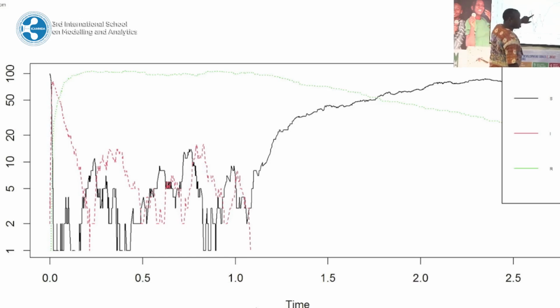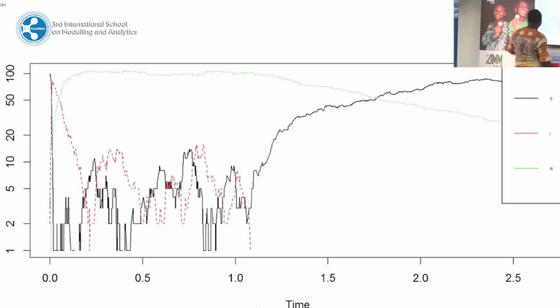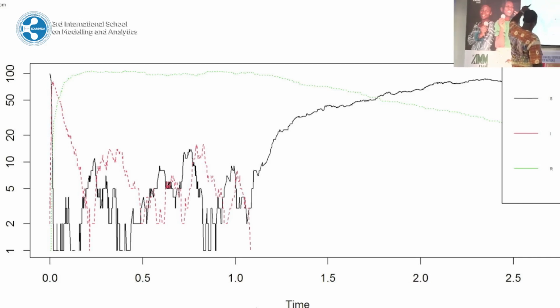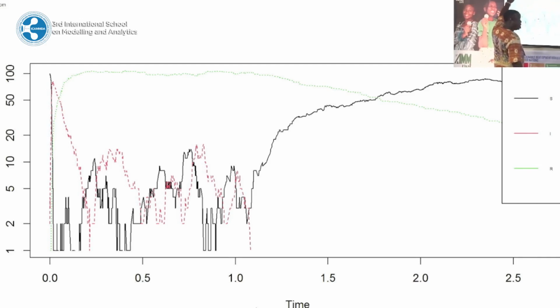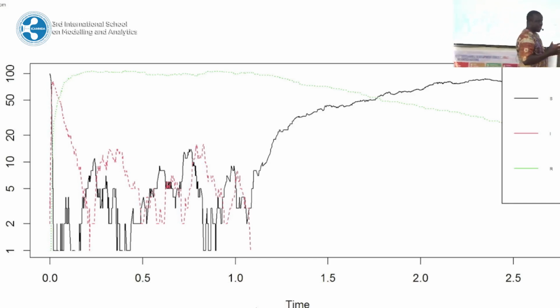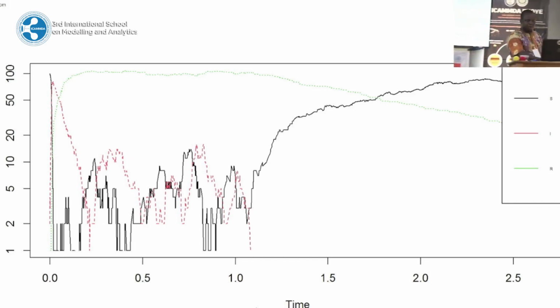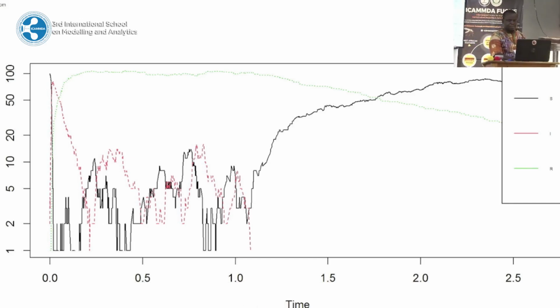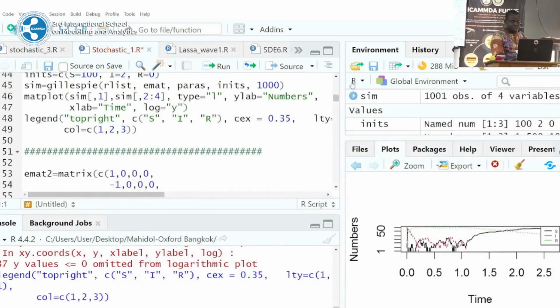Now, what you observe here is that the susceptible population at certain times shoots up. There's a peak, especially at the beginning. What was our initial condition? Is it 500 or 1,000? 100, yes, so 100.